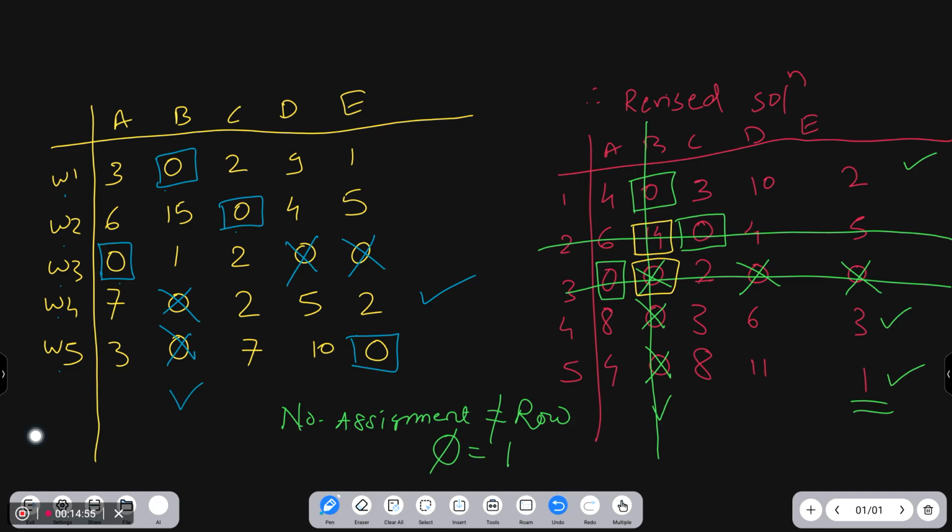Yes. You have to pick the column. In this column, there is a zero, but it is not assignable. Only one is there, so you have to tick it, right? In this last row, there is 1 zero, but that column is already ticked.